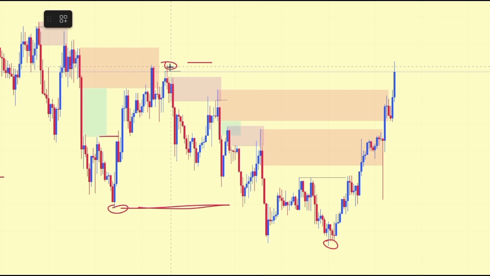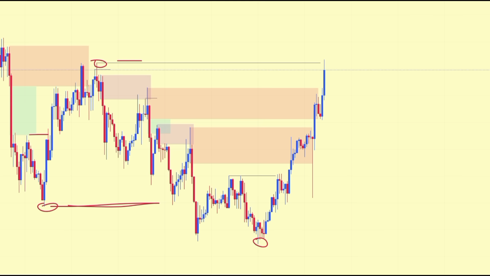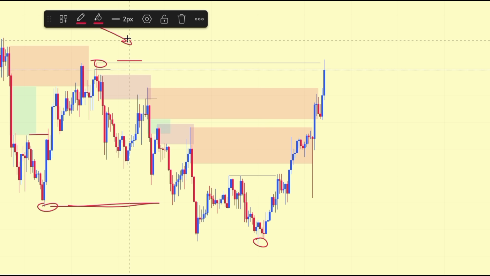And this actually happens, guys, where price fails all the POIs available on that dealing range and makes a change of character. So you can clearly see now after the change of character, this means that price has made a bias shift from a bearish all the way to a bullish.